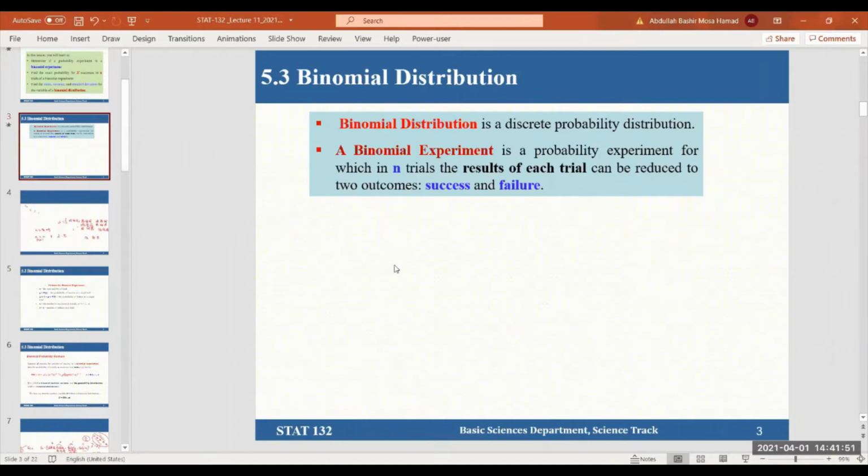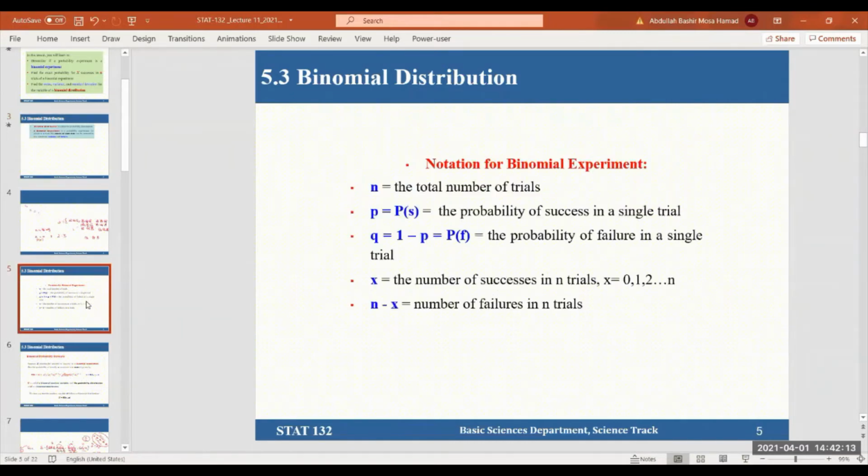So binomial distribution is a discrete probability distribution. Binomial experiments have two outcomes, only two outcomes. Clear? In binomial distribution, we have some notation.